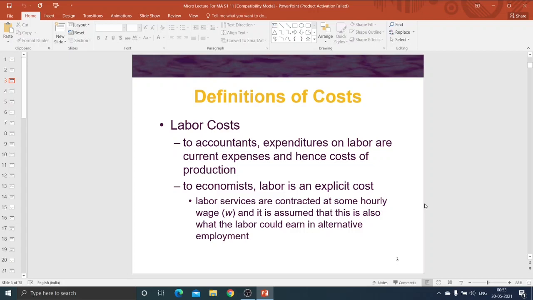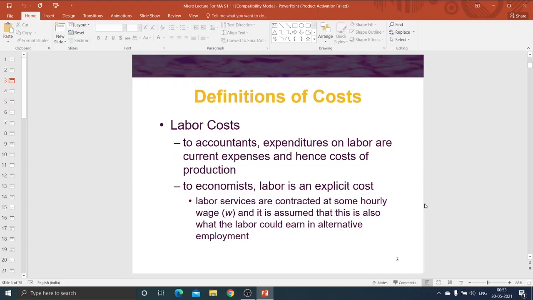Labor cost is, to the accountant, expenditure on labor, current expenses, and hence cost of production. So for the economist, this accountant's view is not considered. What we do normally is, labor is an explicit cost for all of us. That is, labor services are contracted on some hourly basis.